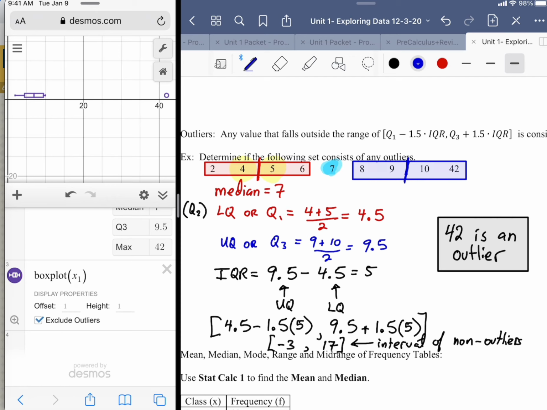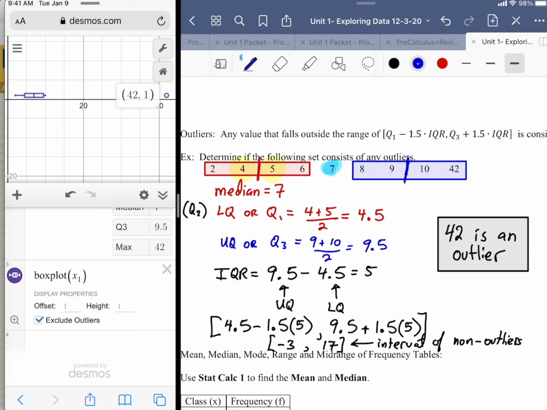If you just need the answer, you can do that and then tap on that open circle, and whatever the X value is, that's the outlier. You might have more than one outlier, so you'll possibly have a bunch of open circles, but you can get the answers very quickly and easily using Desmos.